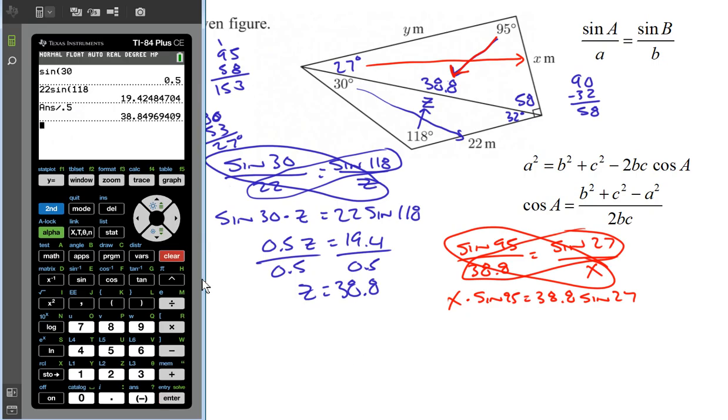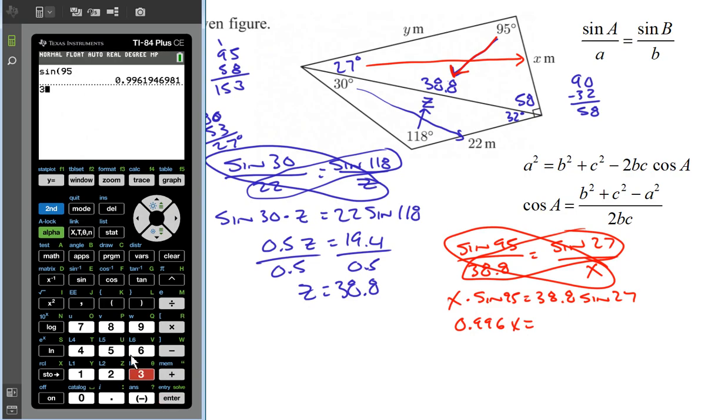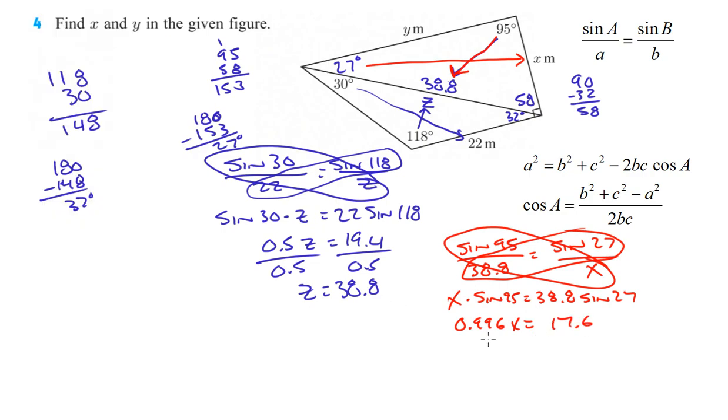So now it's just calculator time. Sine of 95 gives us 0.996. And then we've got 38.8 sine of 27. And that's 17.6. Divide both sides by 0.996. And that will tell us what our x is supposed to be.